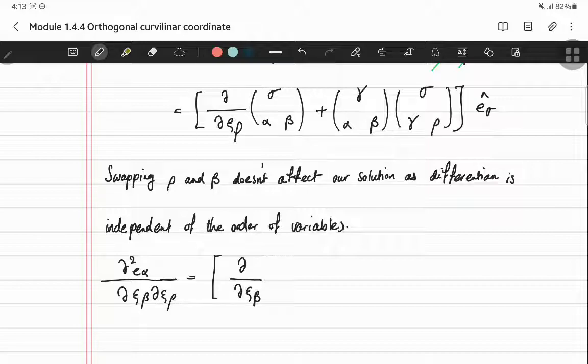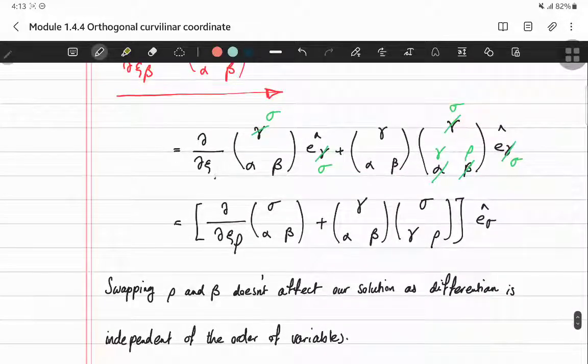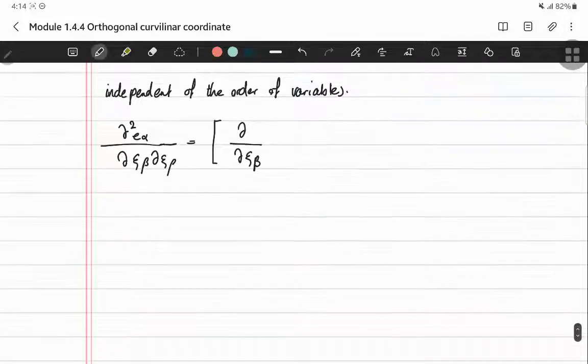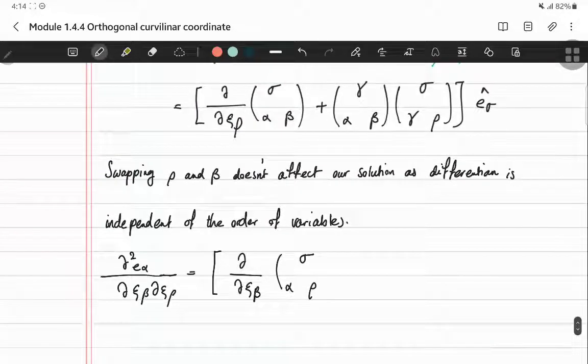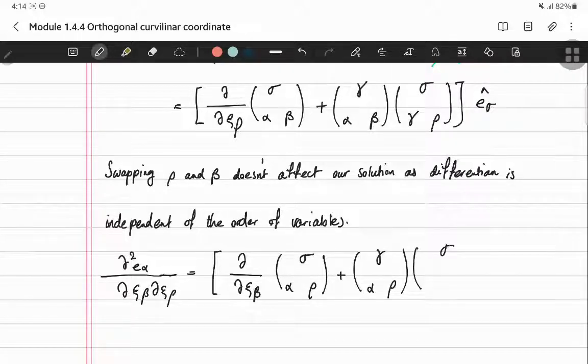This is rho. Yes, and this is also rho. Okay, so we have this, and then we have sigma alpha rho, plus gamma alpha rho. Then we have sigma, so I swap beta with rho and rho with beta.